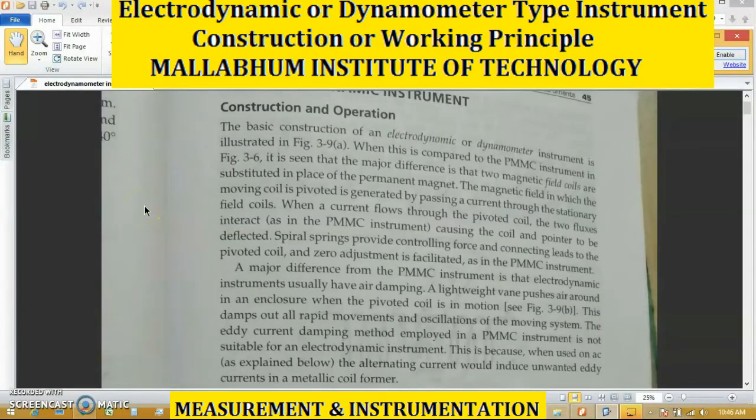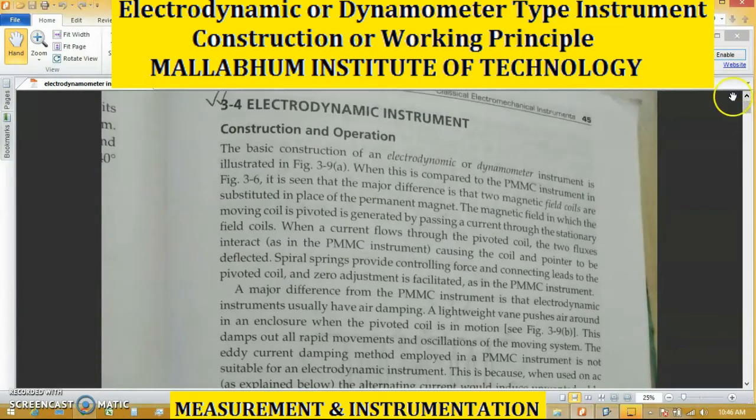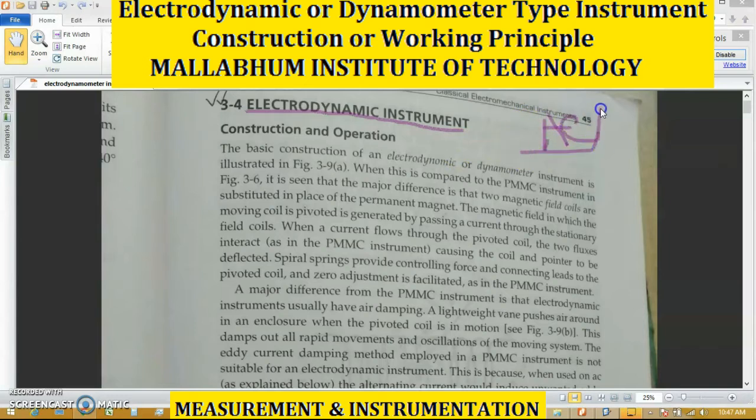Hello. Today we will discuss the next instrument type, which is the electrodynamics type instrument. This electrodynamic type instrument is very similar to the PMMC instrument, but the main difference is that in the electrodynamic type instrument the general operation is confined to AC current only.